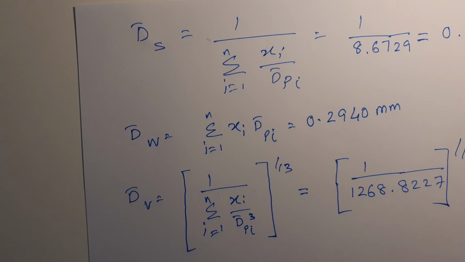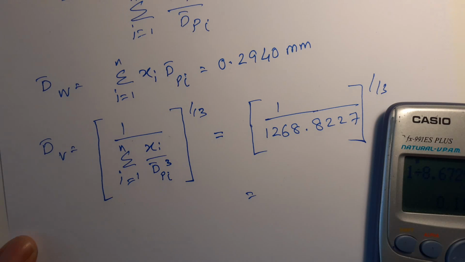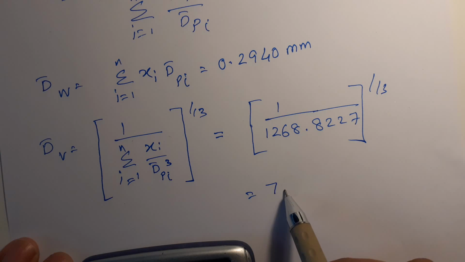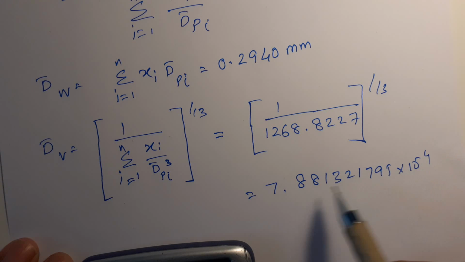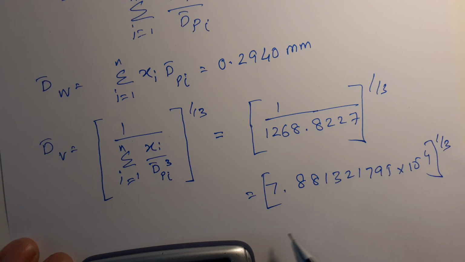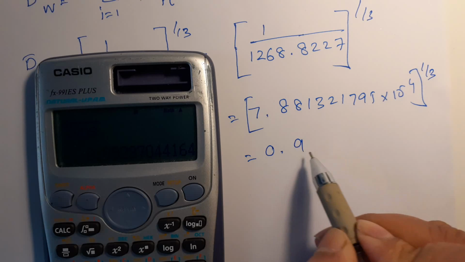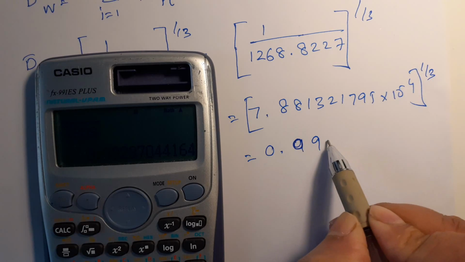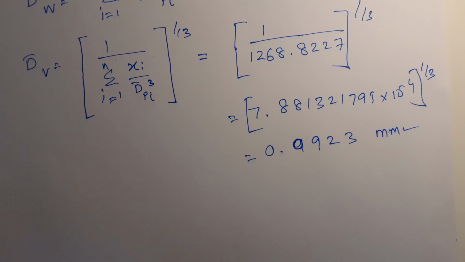So this value becomes 7.8813 into 10 to the minus 4, raised to 1 by 3, and what I get is 0.0923 millimeters. So this is about d bar v.